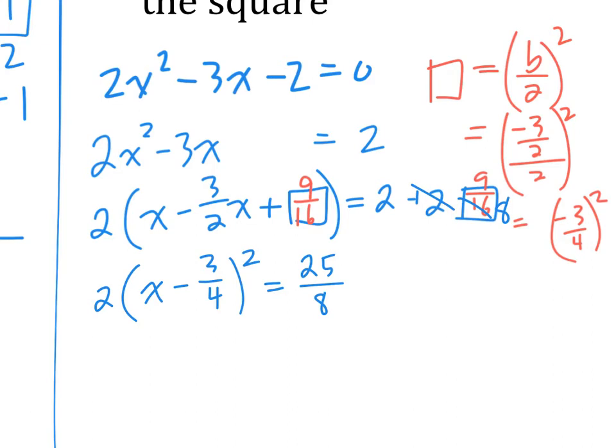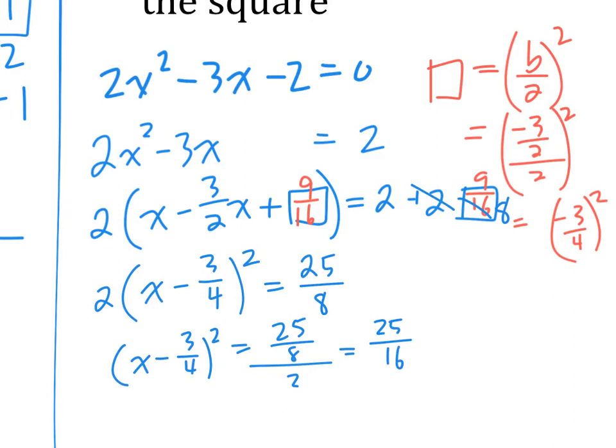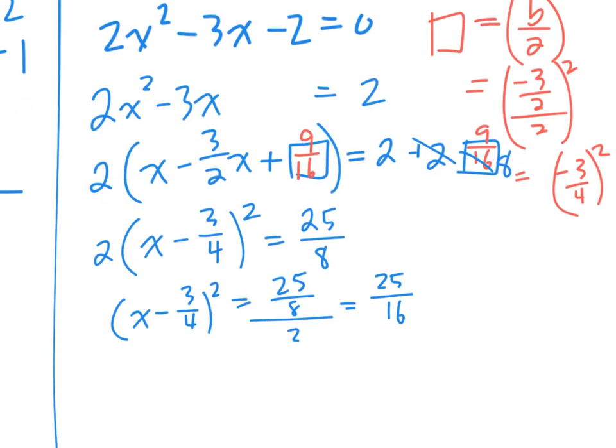Okay, what's next? How do we solve this? Divide by 2. 25/8 divided by 2 is 25/16. Now what? Square root.